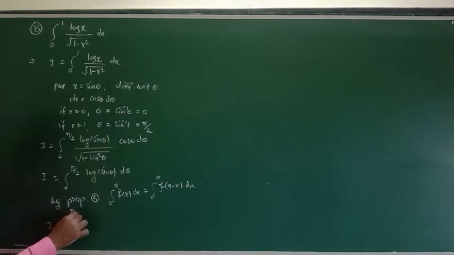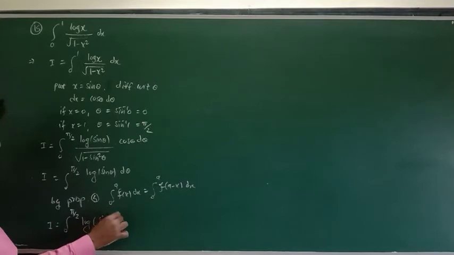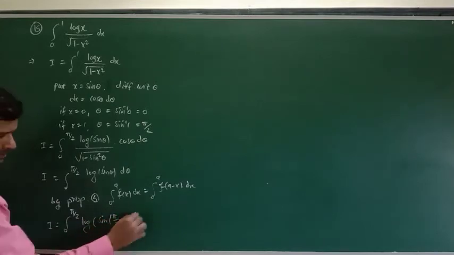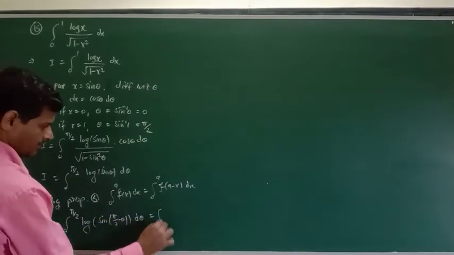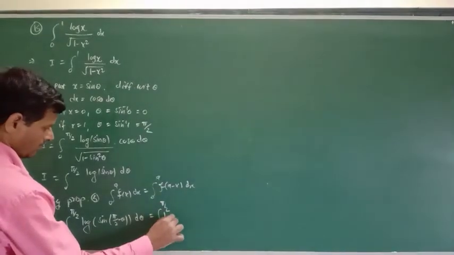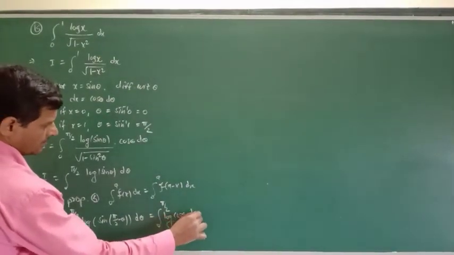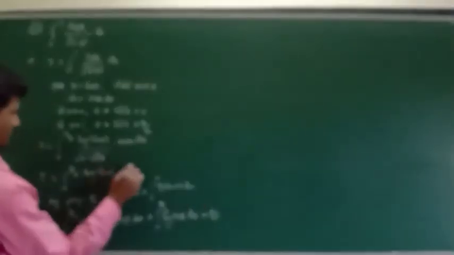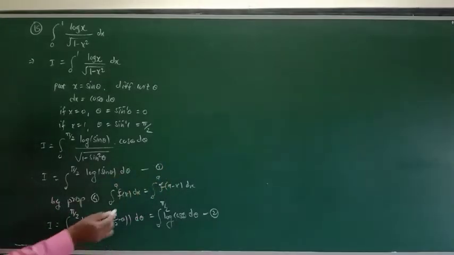The integral from 0 to pi by 2 of log of sin(pi by 2 minus theta) is cos theta. So it is equal to the integral from 0 to pi by 2 of log of cos theta d theta. This is the first and this is the second equation.